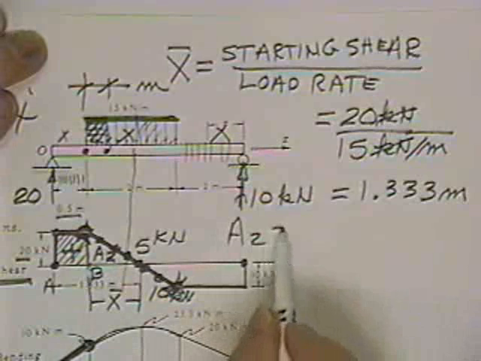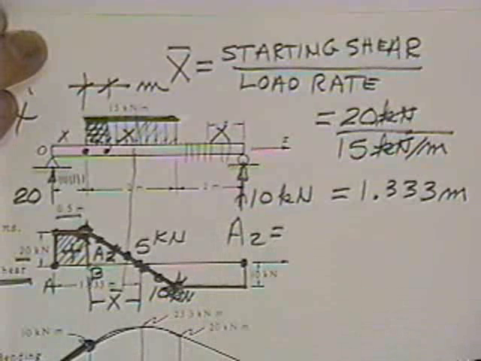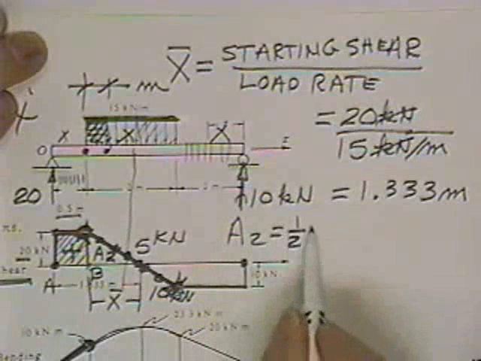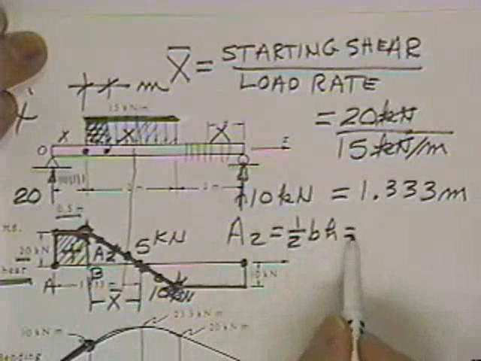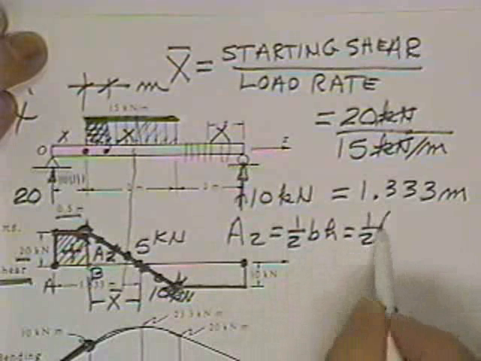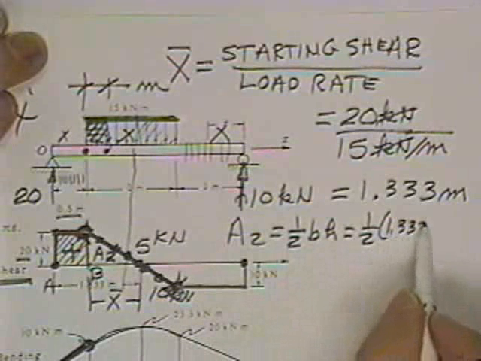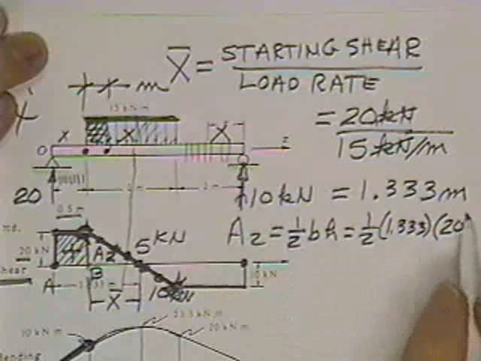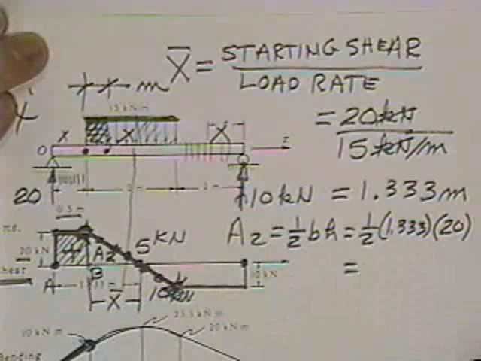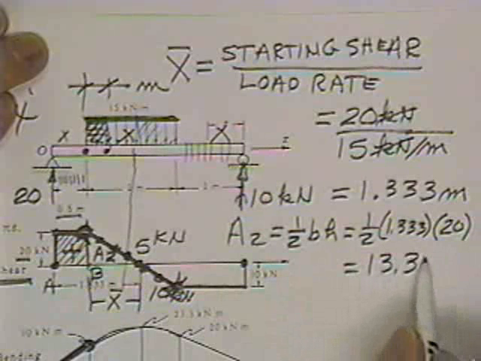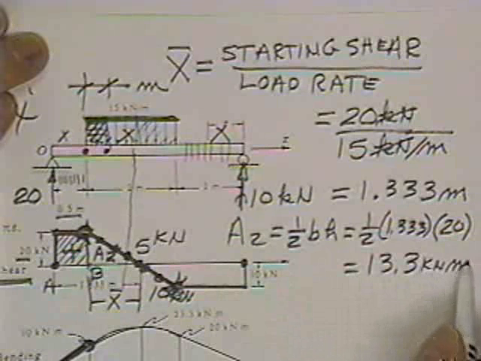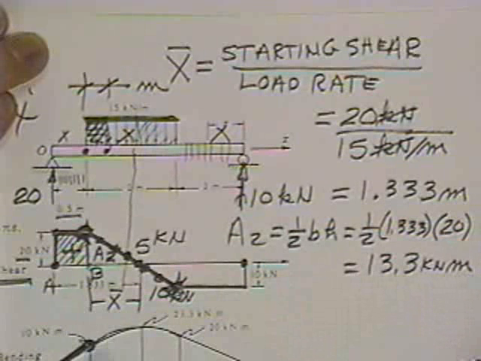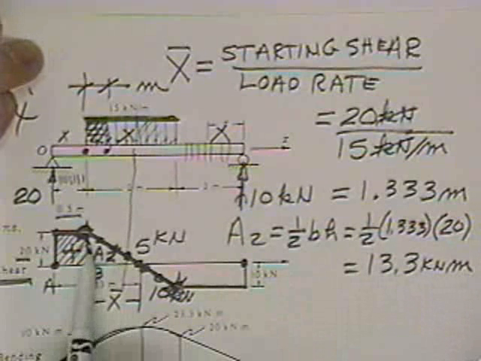Now I calculate how much area 2 is. Area 2 is a triangle, so that's 1/2 base times height. That's 1/2 of 1.333 meters. The height is 20 kilonewtons, is equal to 13.3 kilonewton meters. So that's what this guy says.